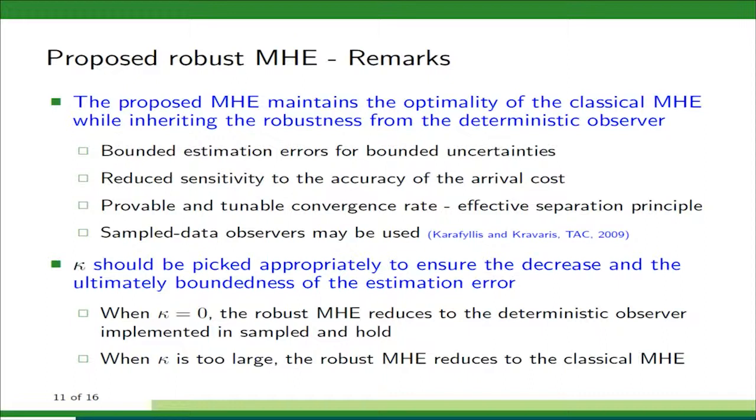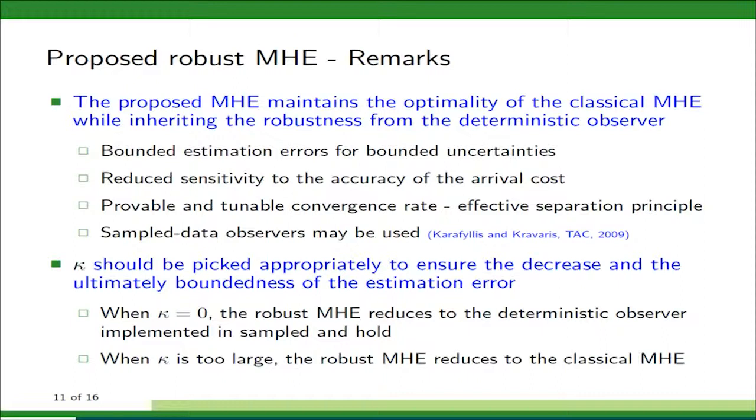Also, it has reduced sensitivity to the accuracy of the arrival cost. Why? Because we use the deterministic observer to calculate the confidence region, and this confidence region can give us additional information, so we can count less on the arrival cost.